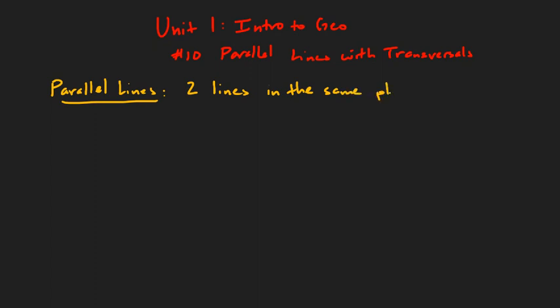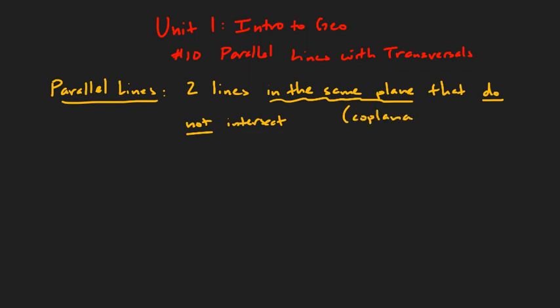And again, basically that just means they're going in the same direction. That do not intersect. Now, this word for in the same plane is the word coplanar. So again, these are coplanar lines that do not intersect.